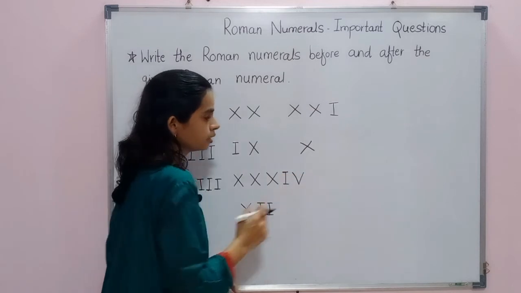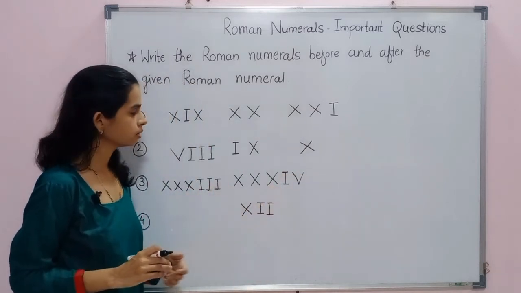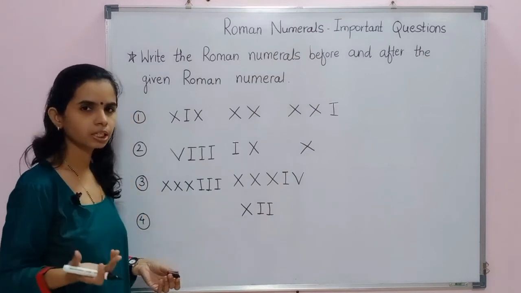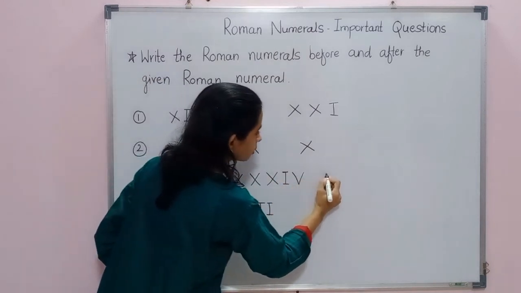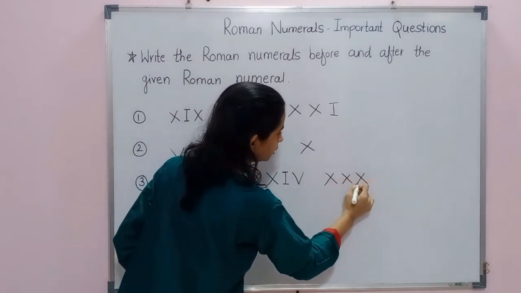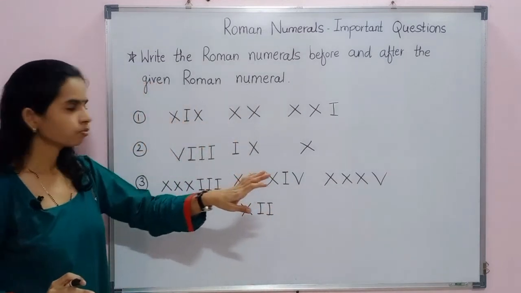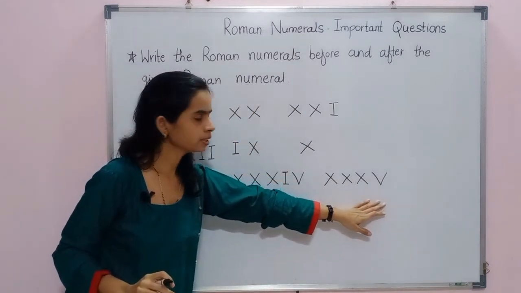And its successor means one more than the number. The successor of 34 is 35. It is represented by the symbol for 30, and for the number 5, the basic symbol is V.